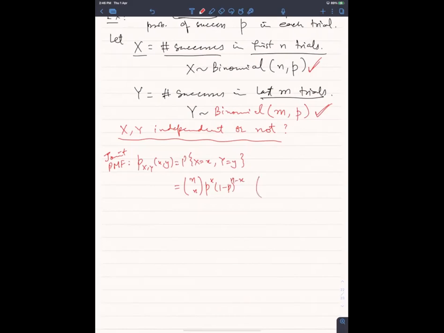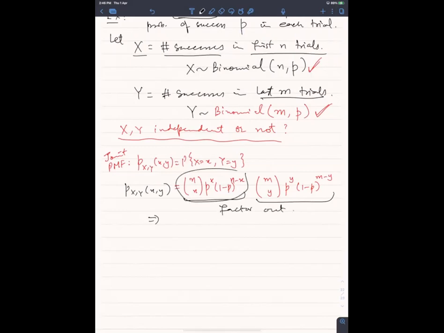And y is m choose y p^y (1 minus p)^(m minus y). So see, take a look at this. ये जो PMFs हैं आपके पास, they factor out nicely.